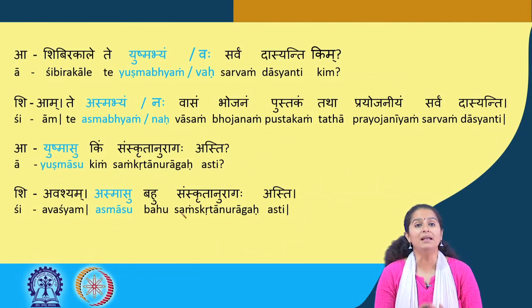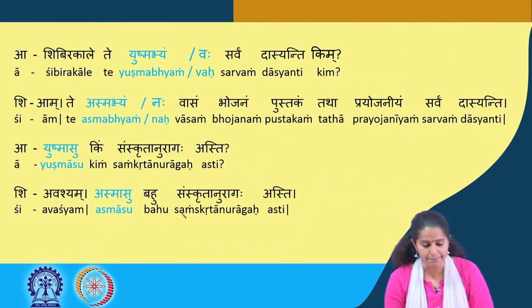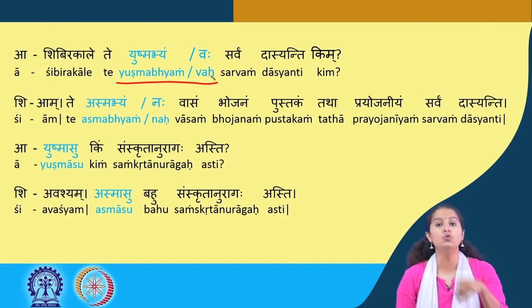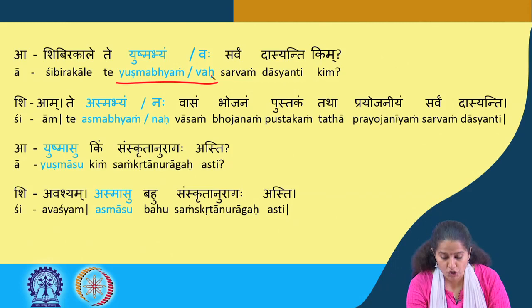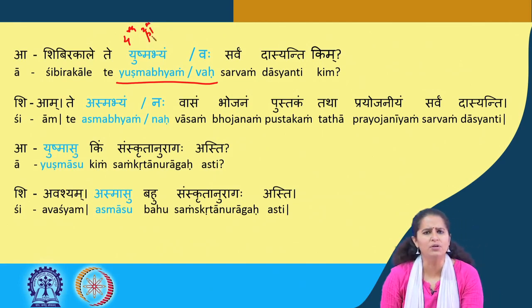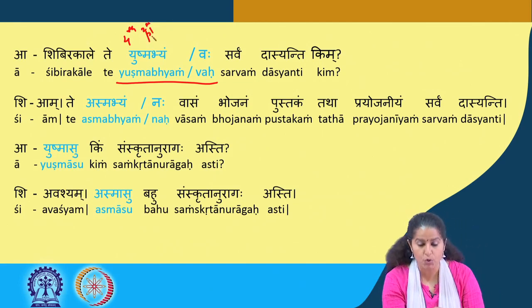Next, shibira kale te yushmabhyam. Yushmabhyam means to you, to all of you. So we see the fourth case for the second person plural. How do we know it is that? Supposing you are in doubt, you look at the verb.